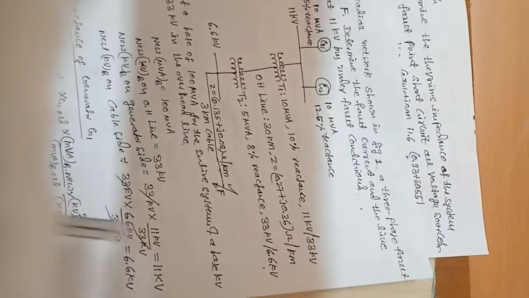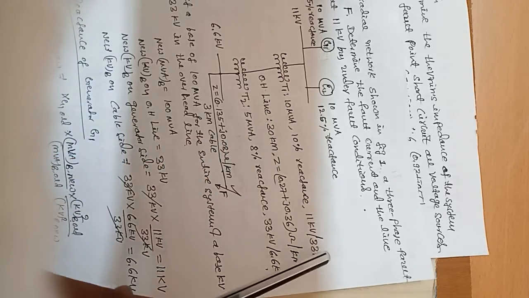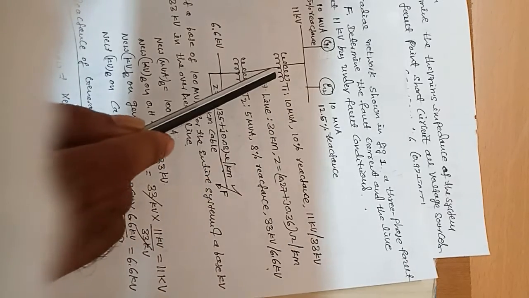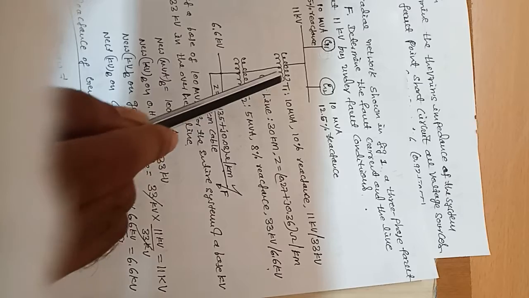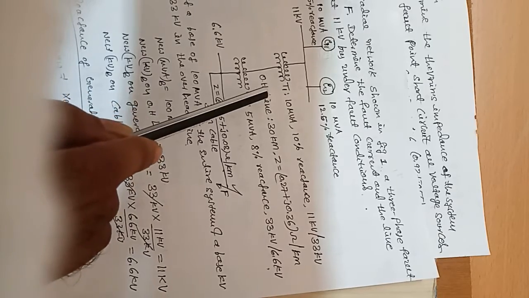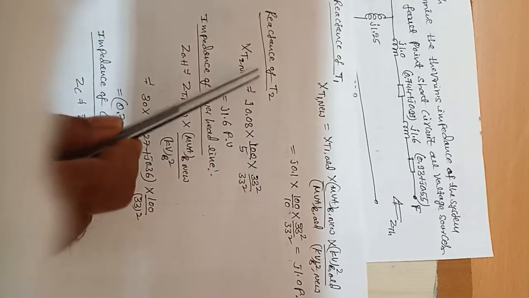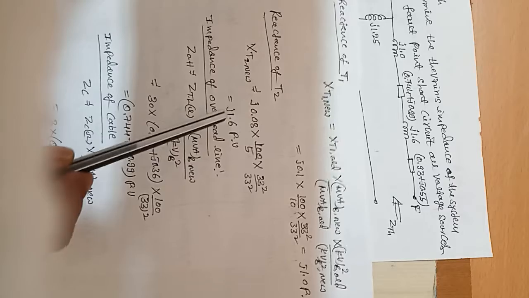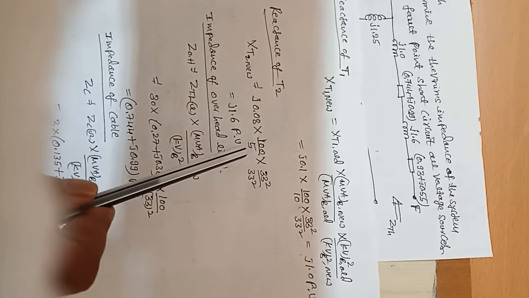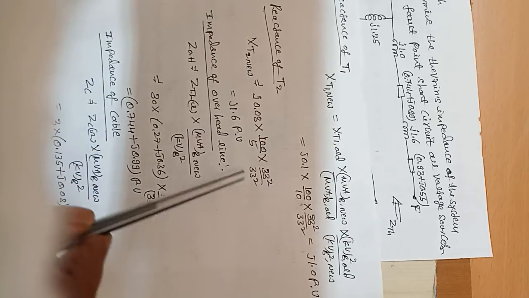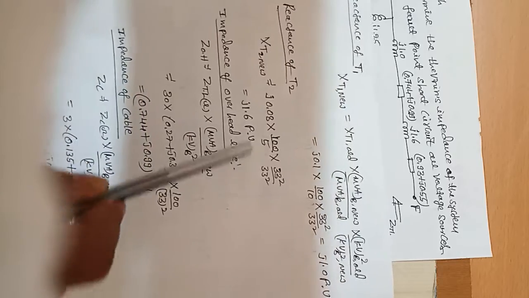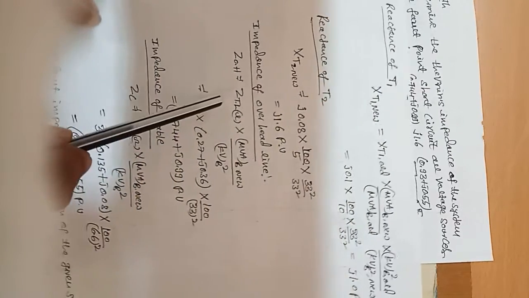If I am referring to the secondary side, the old value is 33. The new component connected to the secondary side is the overhead line, whose new kV base is 33. So 33 squared by 33 squared, so it is j1 per unit. Similarly, the reactance of T2 is calculated. This is j0.08 into 100 by 5 into 33 squared by 33 squared. So you will get this. This one was already studied in module 1.